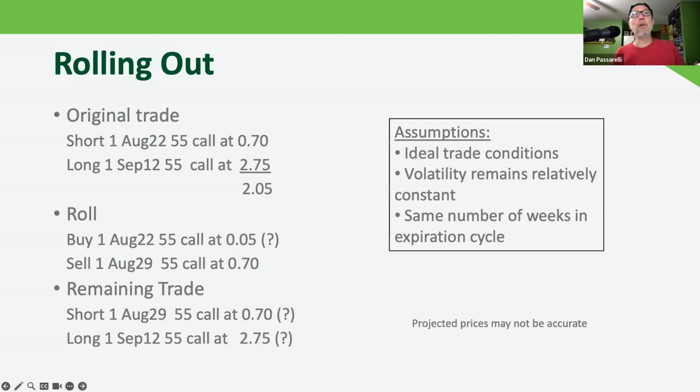Well, one thing I could do is I could just buy that call back for a nickel and hold the long call. I could do that. Or I could sell the 55 calls in the August 29th expiration. Or if I think it's going to go even higher, I could sell the 60 calls.